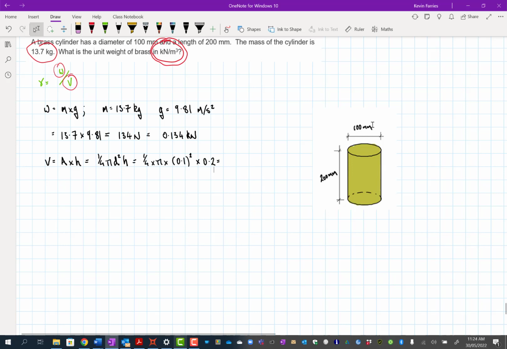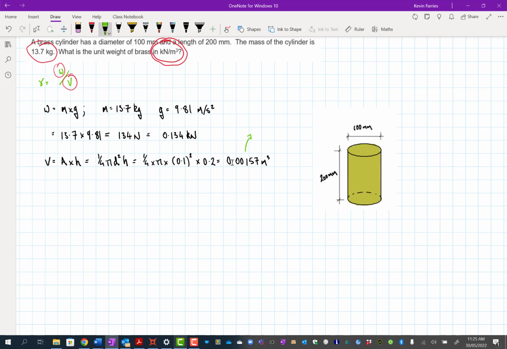This is in millimeters, 1,000 millimeters in a meter, so I'm going to get 0.1 meters and 0.2 meters. If you do that calc in your calculator, you're going to find that the volume is 0.00157 meters cubed.